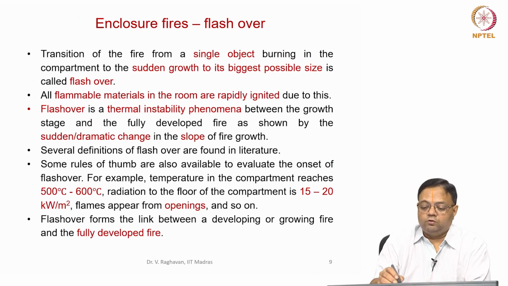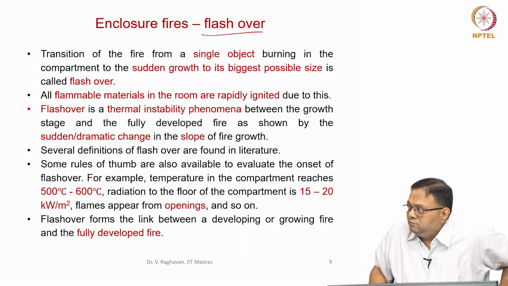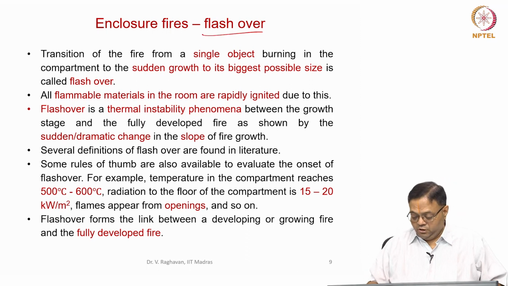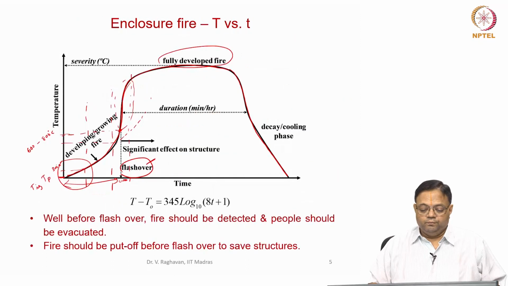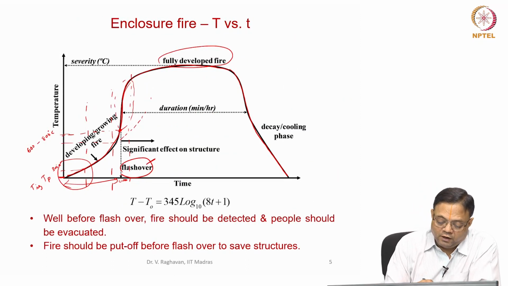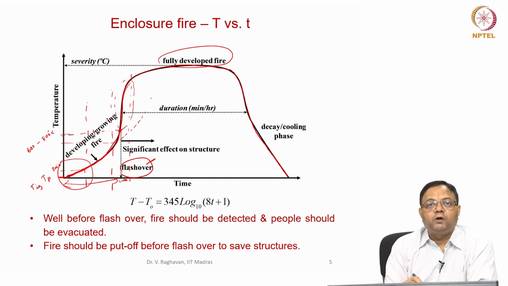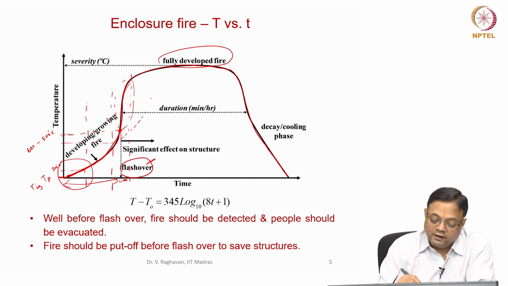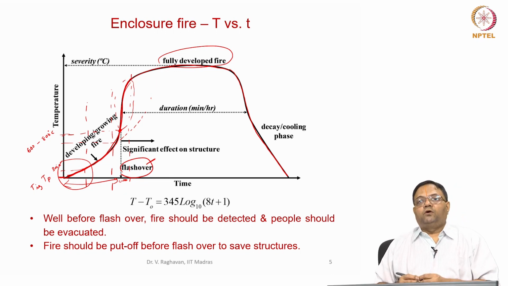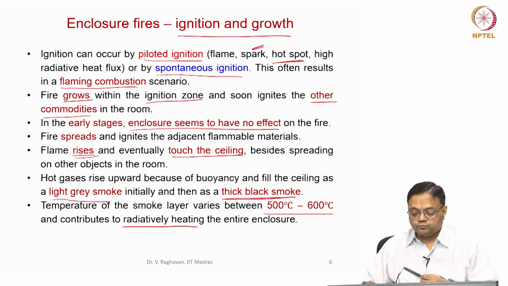Now we talk about flashover, where the critical condition has reached. So if you go back to the diagram, initially the growth rate is slow, then the growth rate increases and reaches a condition where all the commodities are ignited at this point. Then there is a very rapid increase, almost vertical, and it goes to the stage of fully developed fire.